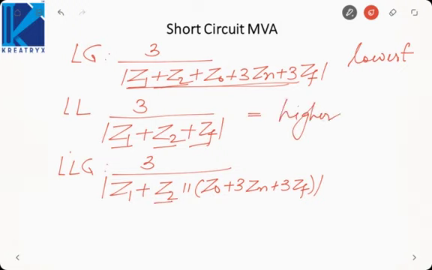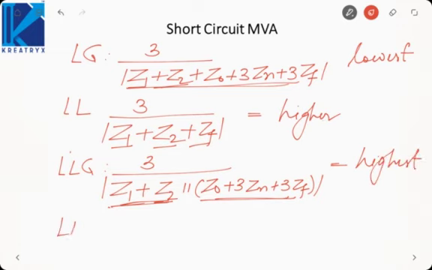And here, Z2 is in parallel with this impedance. Now whenever you connect two impedances in parallel, the resultant is less than either value. That is, it will be less than Z2 as well as less than this value. So this value is actually less than Z1 plus Z2. So this value is least, and thus the LLG fault has the highest MVA.